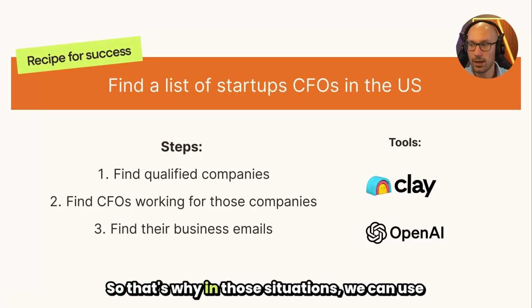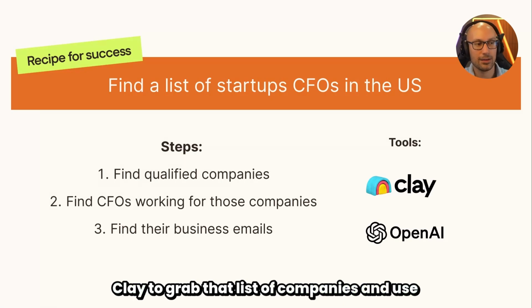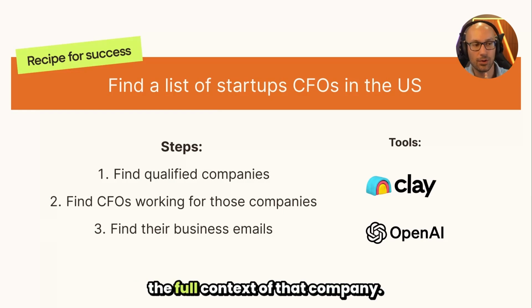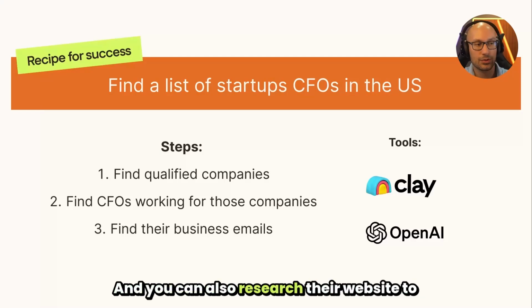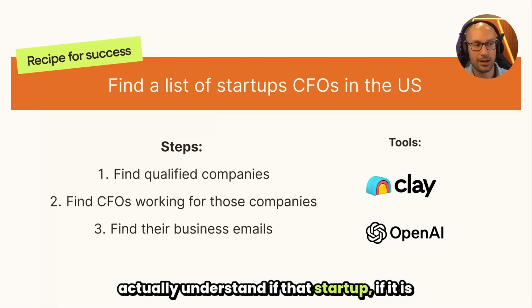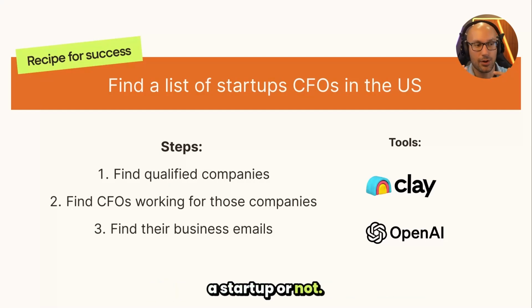That's why in those situations we can use Clay to grab that list of companies and use the full context of each company, I mean, the industry on LinkedIn and the description as well. You can also research their website to actually understand if it is a startup or not.